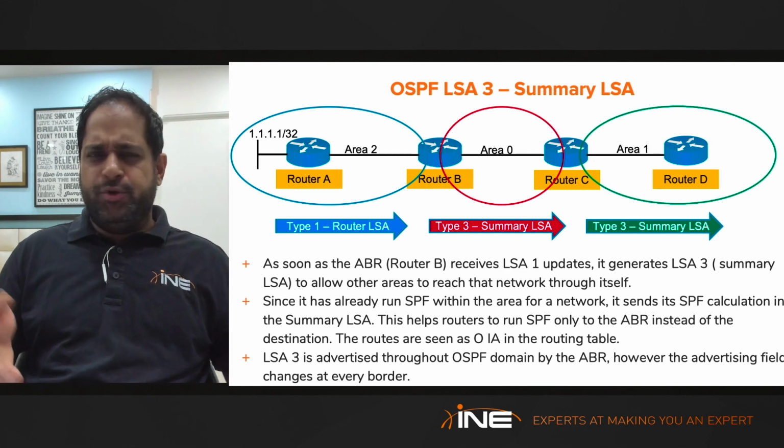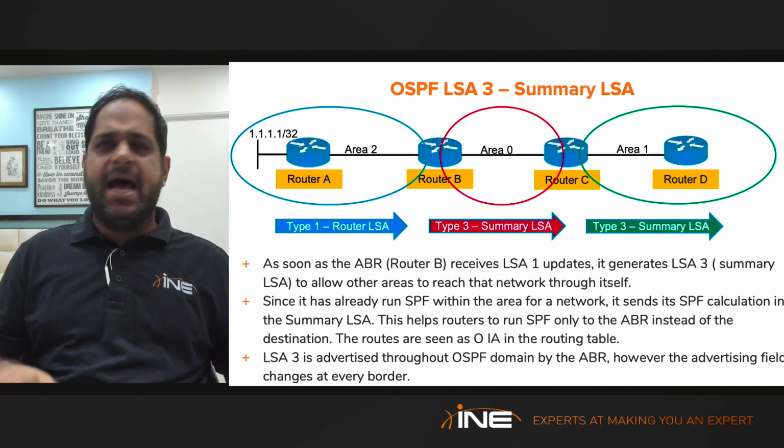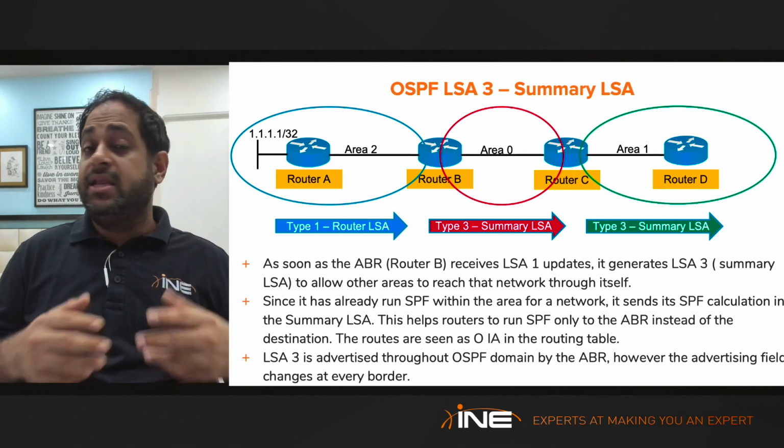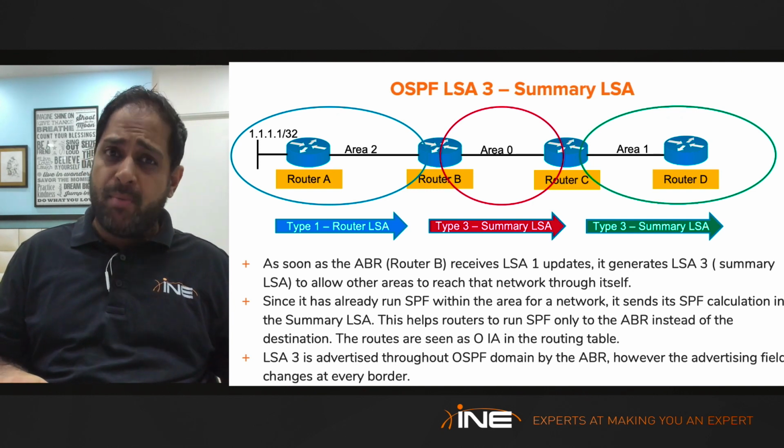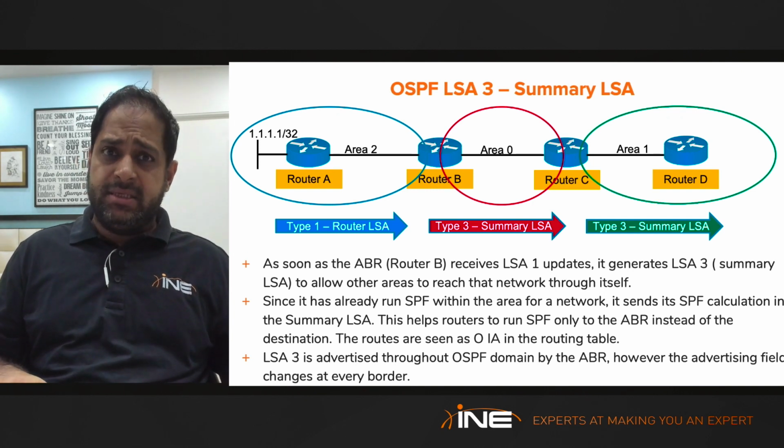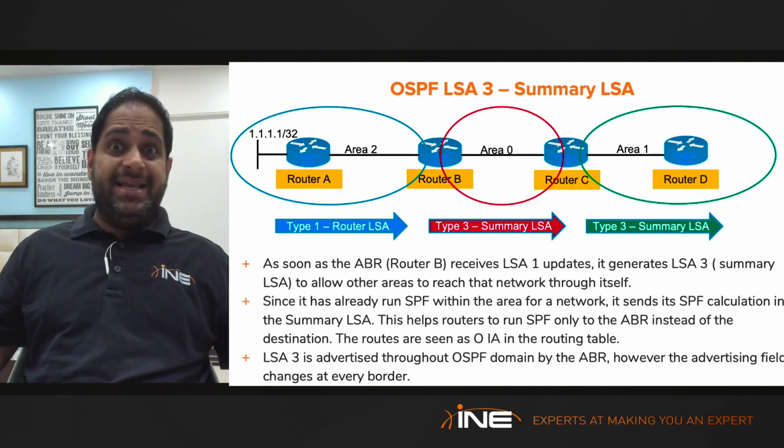Now, as you know, the rule of OSPF is that everybody within the area needs to maintain the exact same copy of the database. So router C gets that.